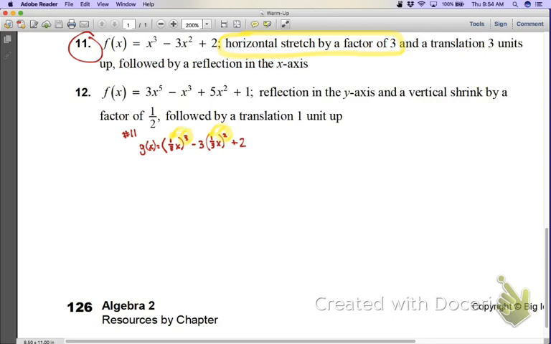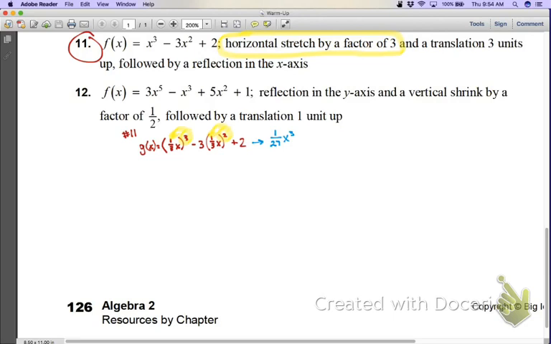So I'm going to have a step 1a and a step 1b. Before I move on to my next thing, what is 1/3 times itself 3 times? 1/27. So I'm going to have 1/27 x to the third.